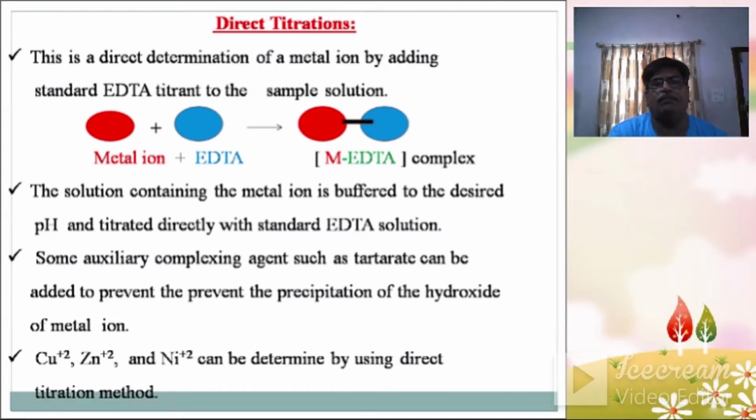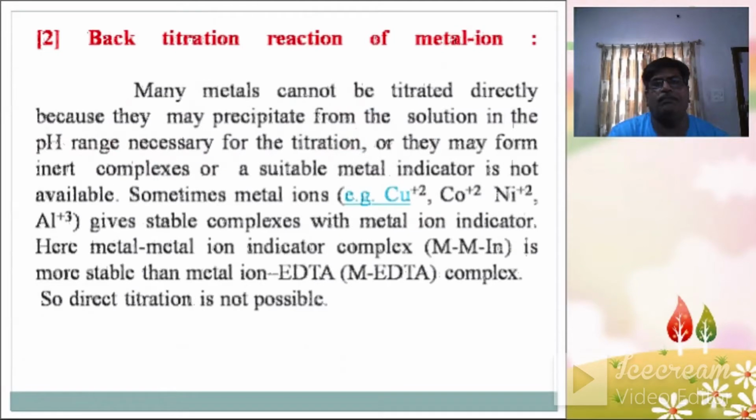The second type of EDTA titration is back titration. Many metals cannot be titrated directly because they may precipitate from the solution in the pH range necessary for the titration, or they may form inert complexes, or a suitable metal indicator is not available.